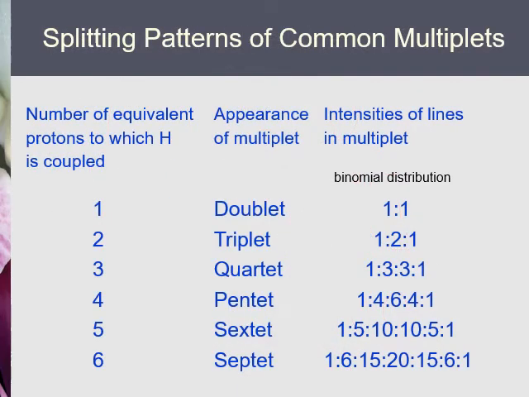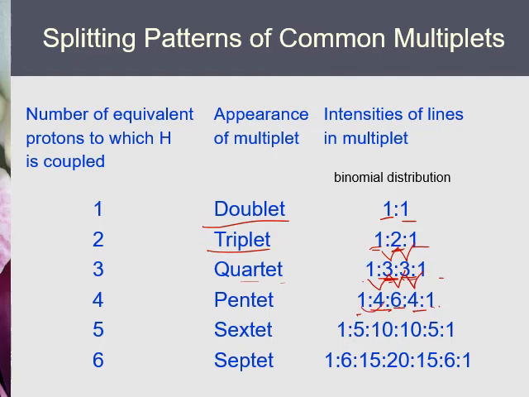We have seen that a doublet gives you equal intensity. A triplet gives you intensity ratio 1, 2, 1. A quartet is 1, 3, 3, 1, and the 3 is obtained by 1 plus 2, and 2 plus 1. Pentet then is 1, 4, 6, 4, 1. 4 is obtained by 1 plus 3, 6 is obtained by 3 plus 3, and 4 by 3 plus 1.